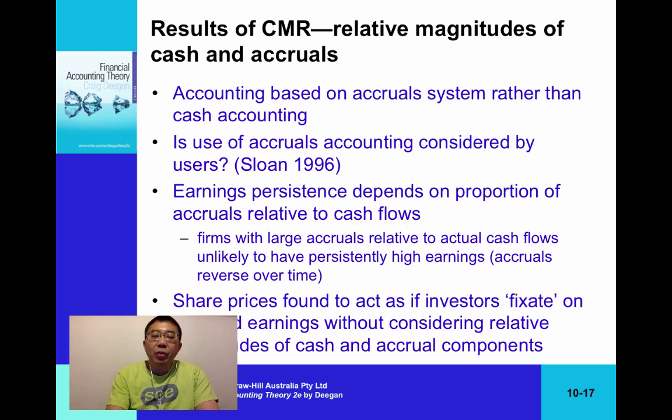So these studies explored whether shareholders distinguish between accrual profits and cash profits. What they found was that the fluctuation in share prices wasn't really impacted by how much of the profits was attributable to cash, and how much was merely non-cash items.